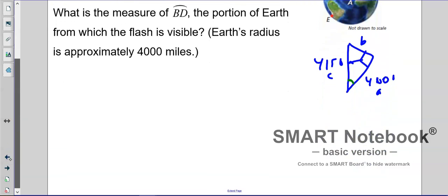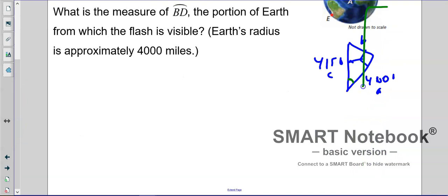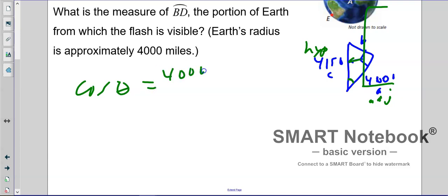Okay? So from this angle, what do we have? We have the adjacent side right here, and we have the hypotenuse. So that means we're doing cosine of some angle, we can use x or theta, doesn't matter, equals adjacent over hypotenuse.